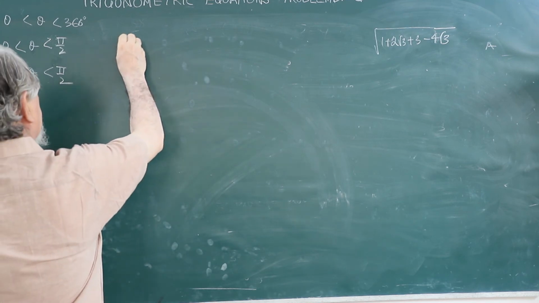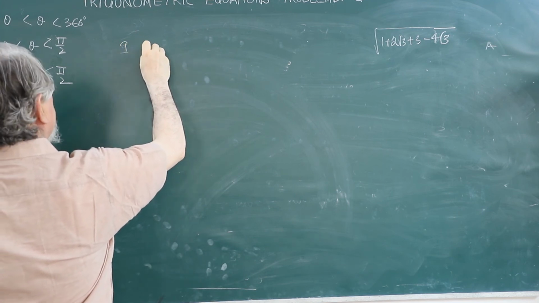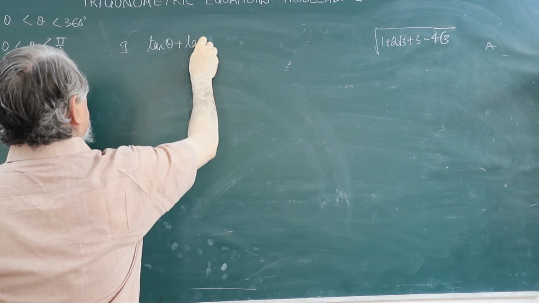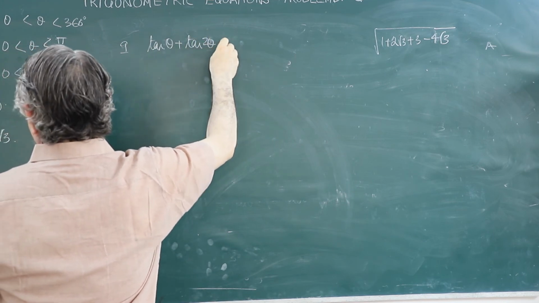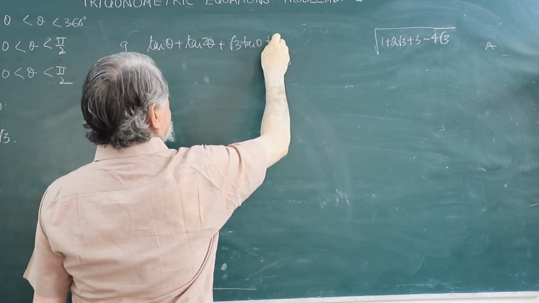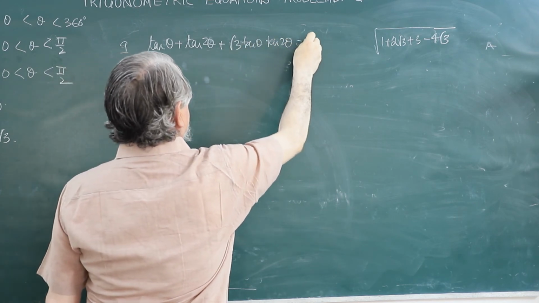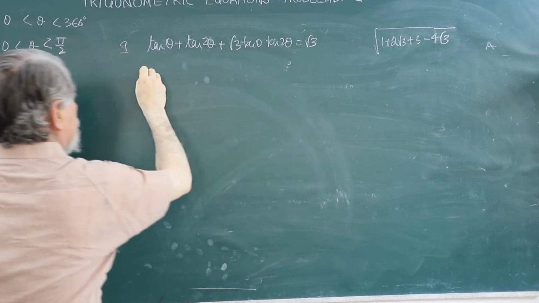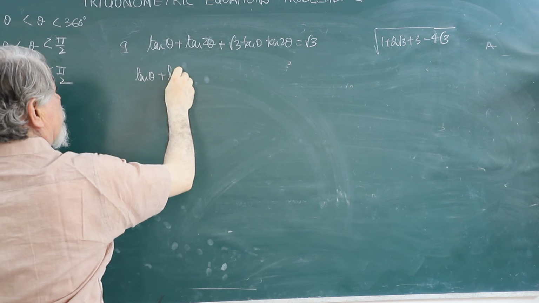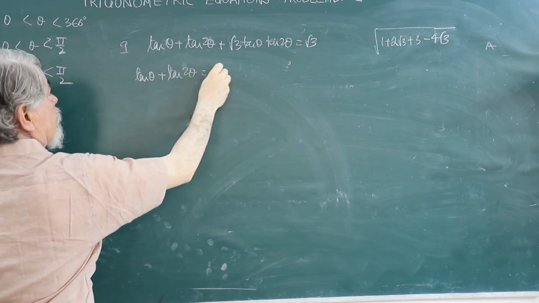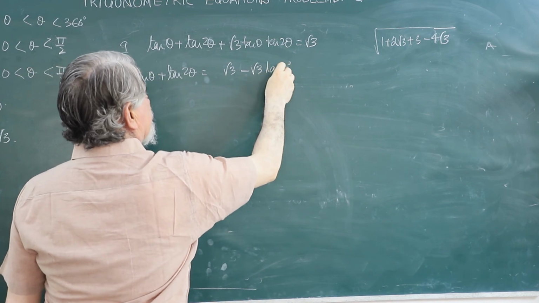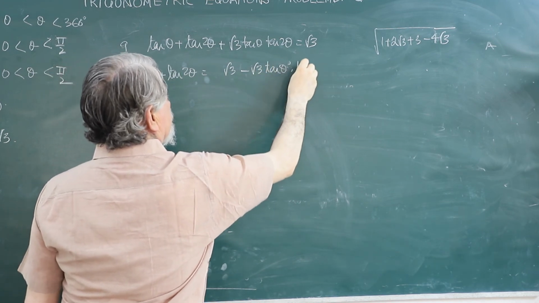In question number 9 I have tan theta plus tan 2 theta plus root 3 tan theta tan 2 theta is equal to minus root 3. So what we do is tan theta plus tan 2 theta is equal to minus root 3 minus root 3 tan theta tan 2 theta.